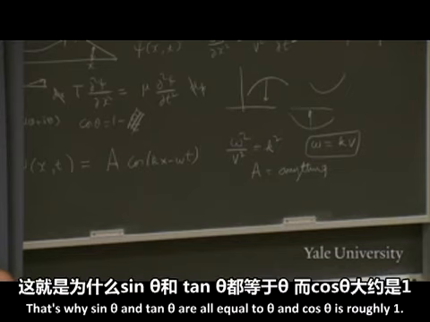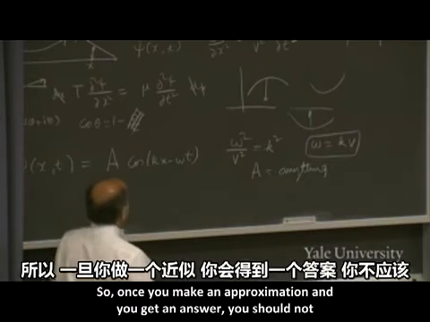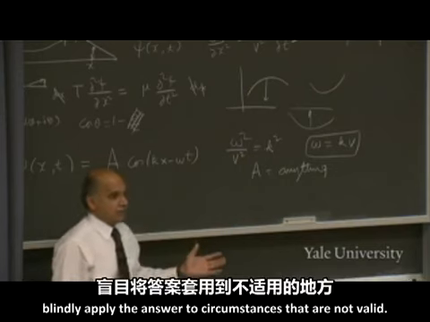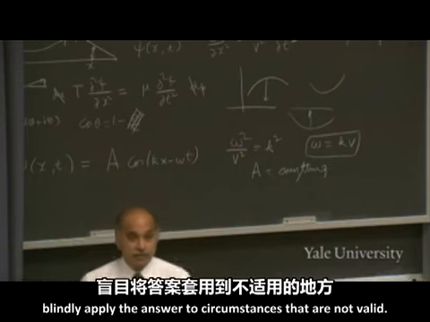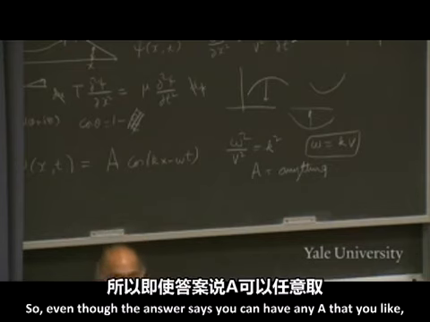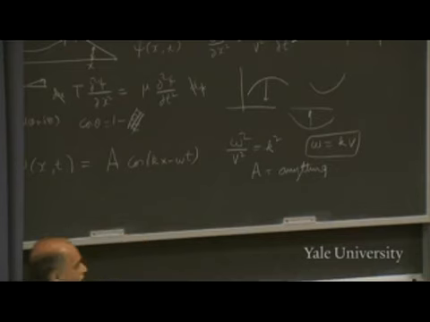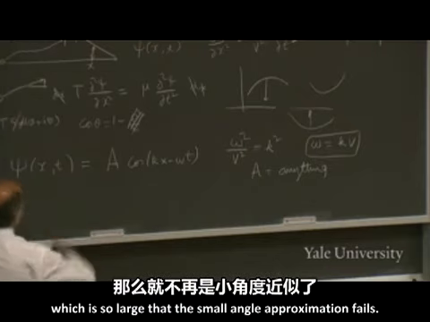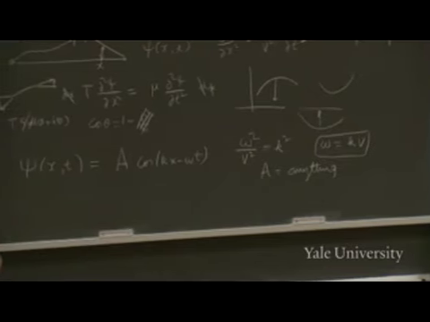That's why sine theta and tan theta are all equal to theta and cos theta is roughly 1. So once you make an approximation and you get an answer, you should not blindly apply the answer to circumstances that are not valid. So even though the answer says you can have any a that you like, in practice you shouldn't use it for an a which is so large that the small angle approximation breaks down.